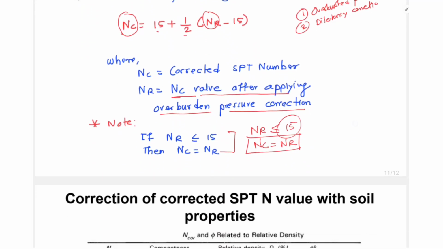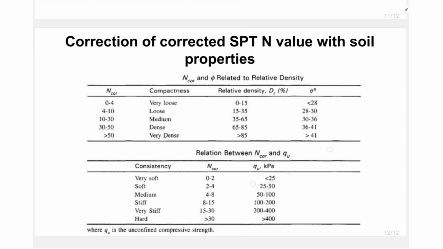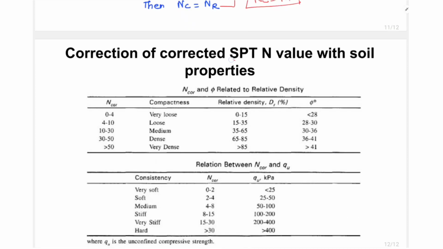Okay, then we will understand the correlation between the corrected standard penetration number and the soil properties. In the guideline, a correlation has been made between the standard penetration number, which shows the degree of compactness of the soil, and also gives a rough idea about the relative density of soil and the angle of internal friction.